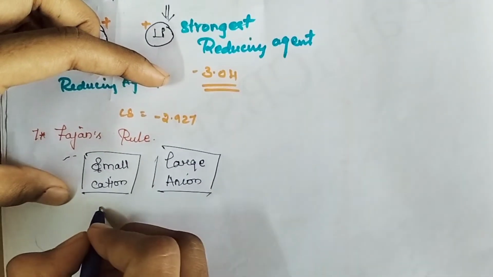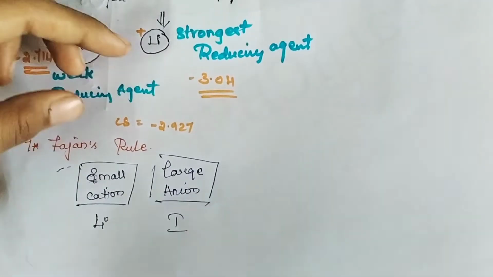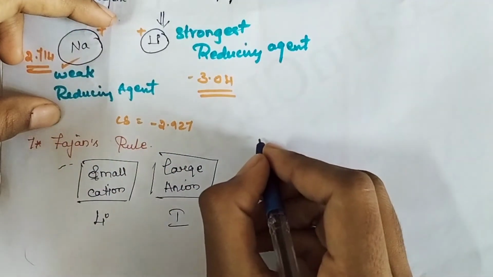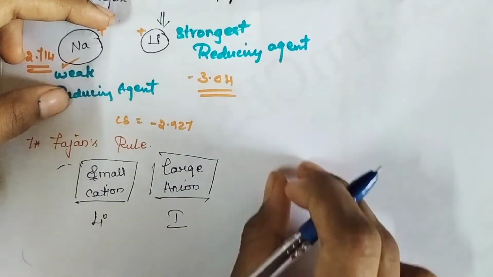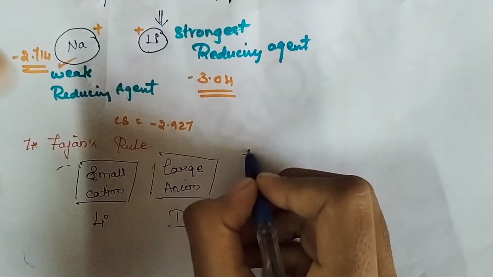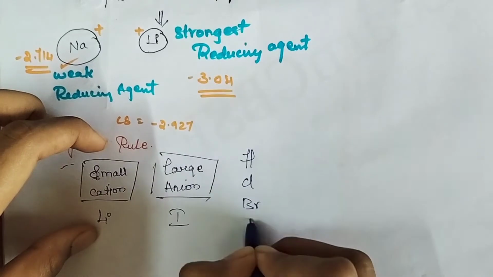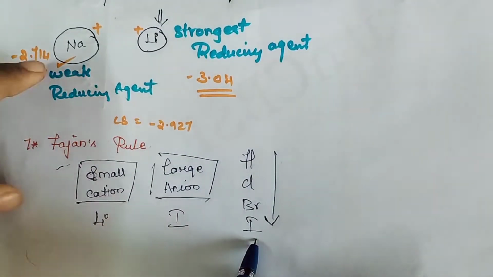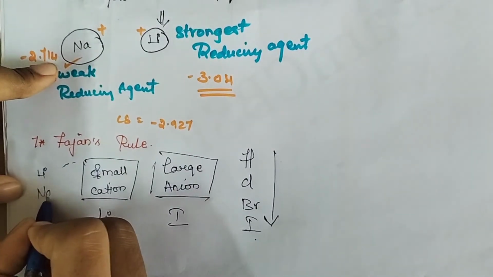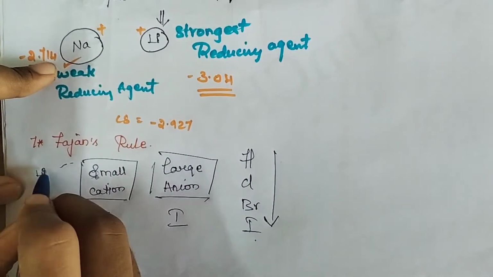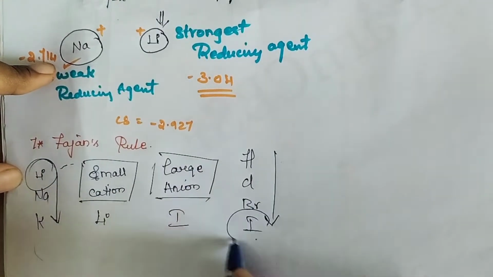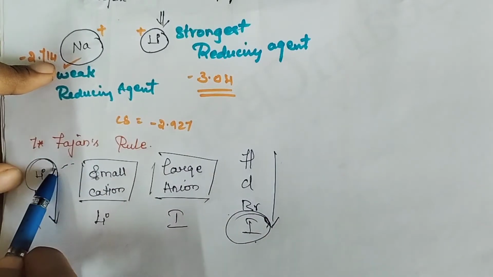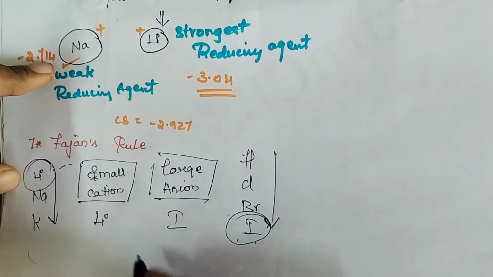For the non-metals, the group is chlorine, bromine, iodine. Iodine has come down, so the iodine size is more. Lithium is on top, then sodium, potassium, and so on. This size is small, this size is large. So the most covalent is lithium and iodine. Lithium iodide.